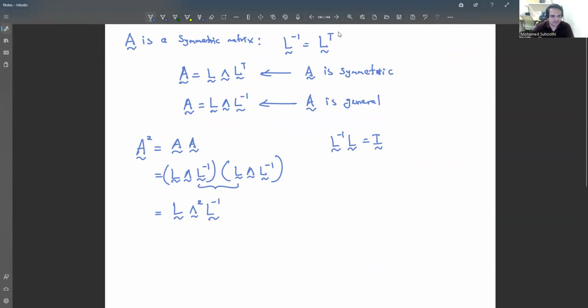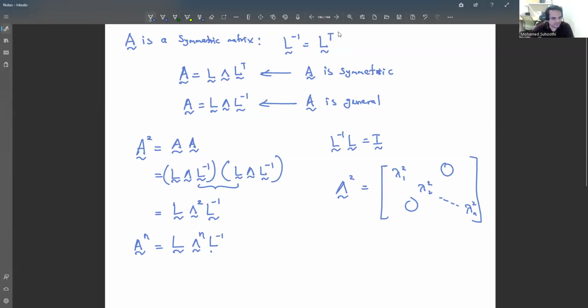So Lambda squared is very simple, because you get lambda 1 squared, lambda 2 squared, up to lambda n squared, and everything else is zero. Similarly, you can write this for the nth power of a matrix, simple, right? This is the important property of the spectral decomposition of a matrix.